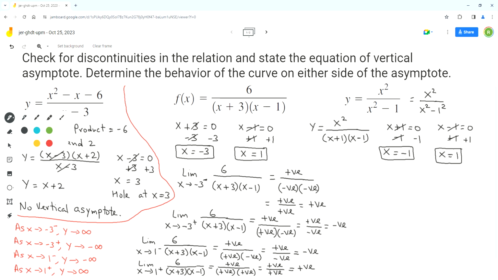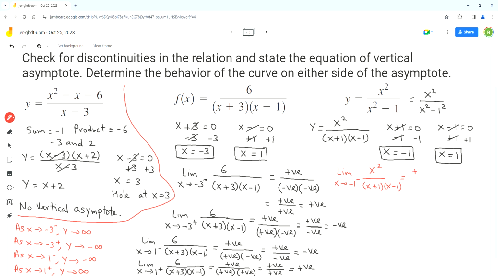Now we can analyze the behavior of the curve on both sides of these two vertical asymptotes. Let's start with the asymptote at x equals -1. Limit as x approaches -1 from the left side of x squared over x plus 1 times x minus 1. In this expression, the numerator will always be positive for both positive and negative values.